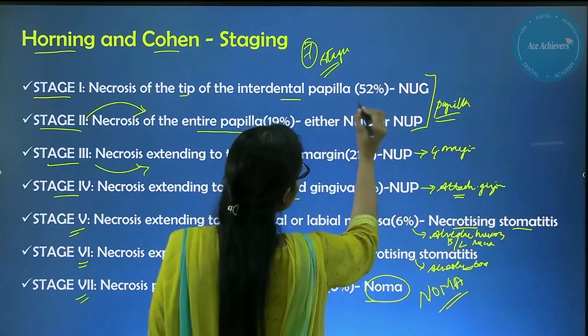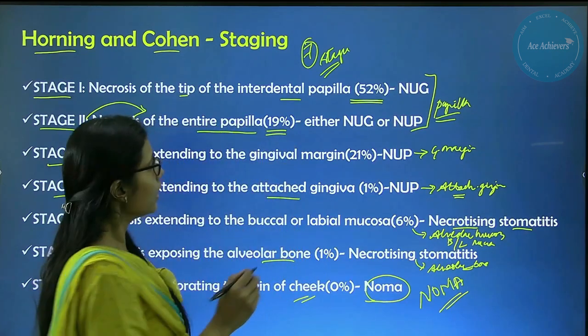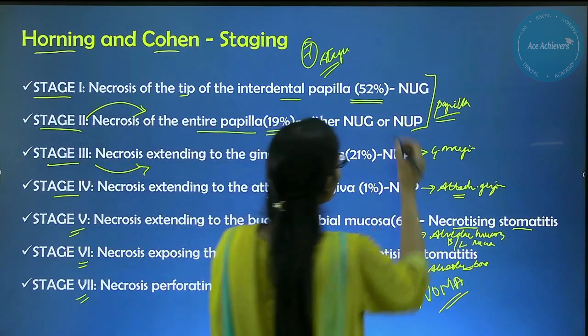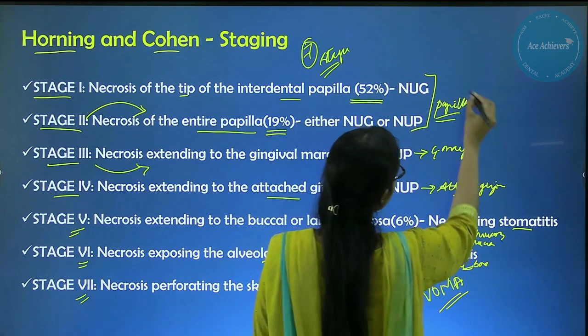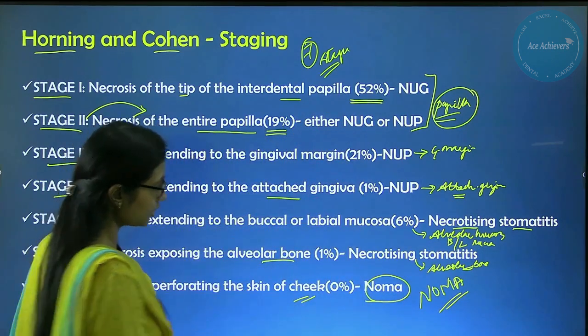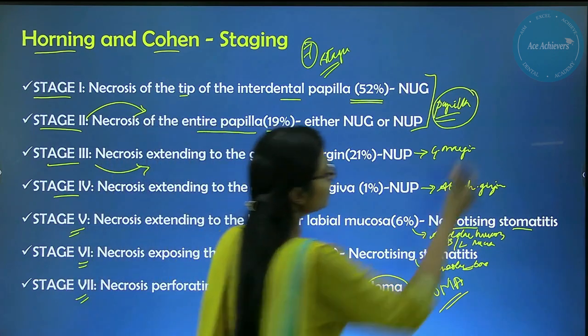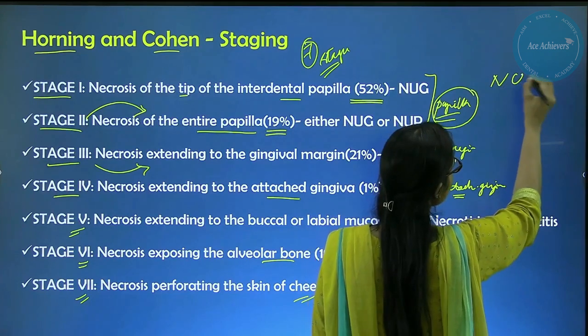The figure given in the bracket tells about the prevalence of these lesions. As you can see, the prevalence is higher, around 52%, in lesions involving the papilla, and as you go further down, the prevalence of noma is very, very low. This just tells about the progression of necrotizing ulcerative gingival lesions.